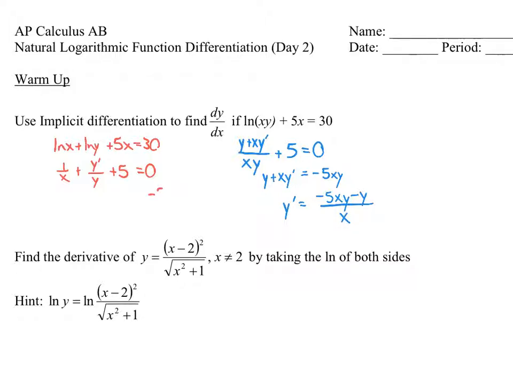So you had a minus 5 minus 1 over x equals y prime over y. And then you multiply both sides by y, and you get y prime equals a negative 5y minus y over x. And if you look closely here, you'll notice that if I were to multiply this by x over x and get a common denominator, I'd get the same thing. Okay? So these are equivalent. They just look slightly different. Okay? But they're both right.